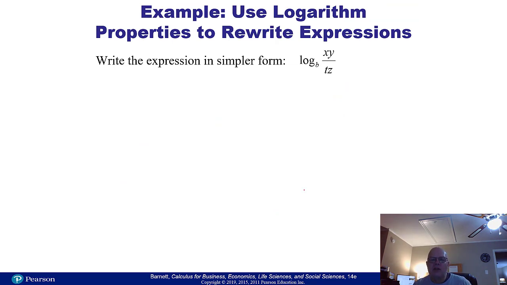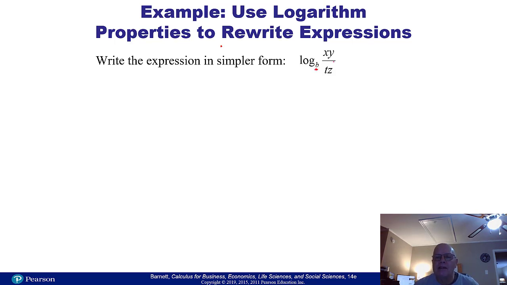Okay, here's another test. This is sort of preparing you for solving interesting equations that have to do with logarithms. What we'll do here is we'll practice splitting this up into simpler expressions. What we'll notice first is, of course, the b. Remember, b is the base.